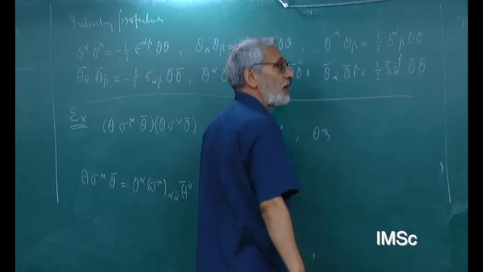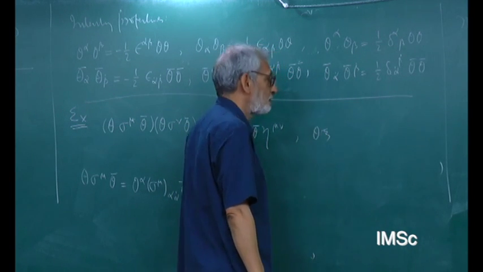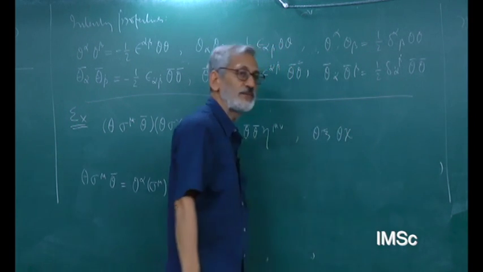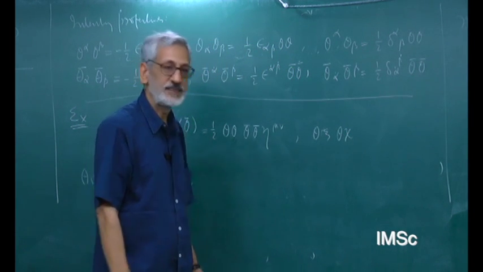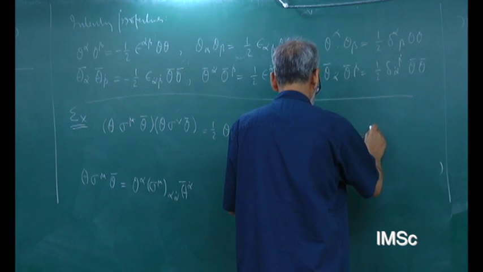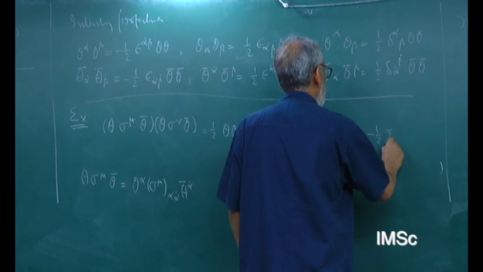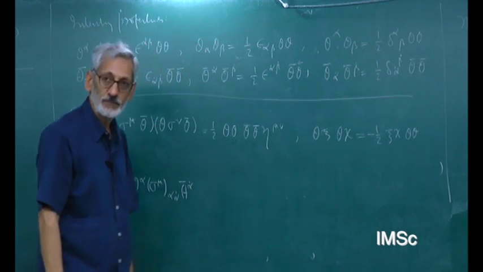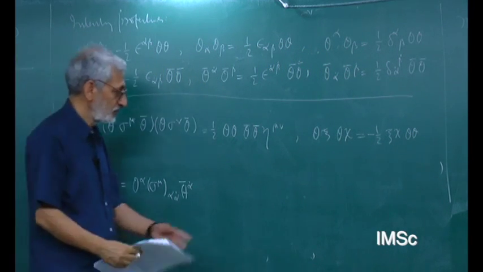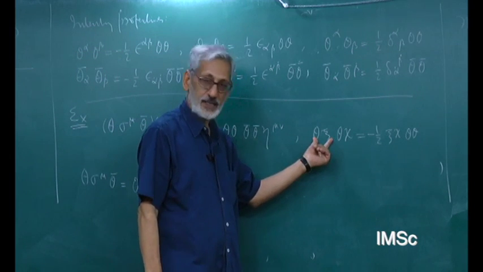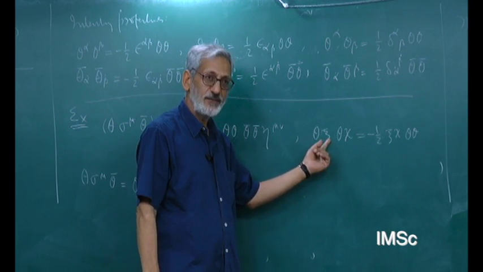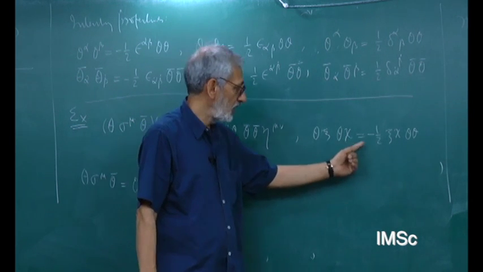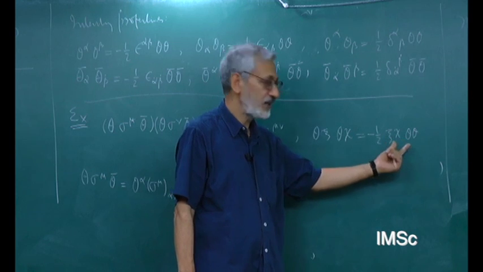Theta with another fermion xi and theta contracted with another fermion chi is -1/2 xi contracted with chi theta theta. Theta and xi contracted, where xi is a fermion, theta and chi contracted, where chi is a left-handed fermion, is -1/2 xi and chi contracted and theta contracted.